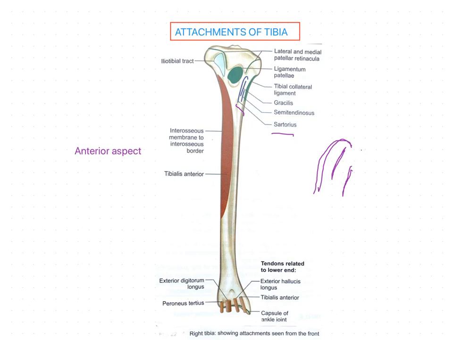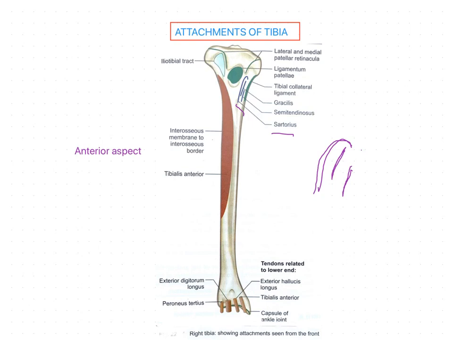Normally these three tendons form a conjoint tendon, which is commonly called the pes anserinus. Sometimes these three muscles are also referred to as guy rope muscles.